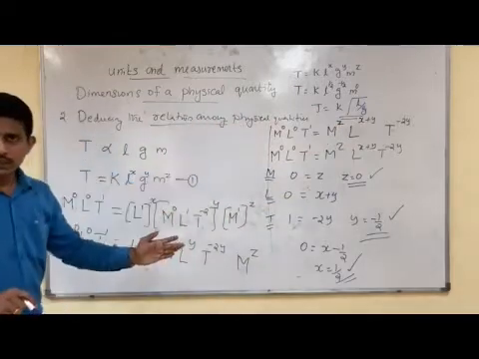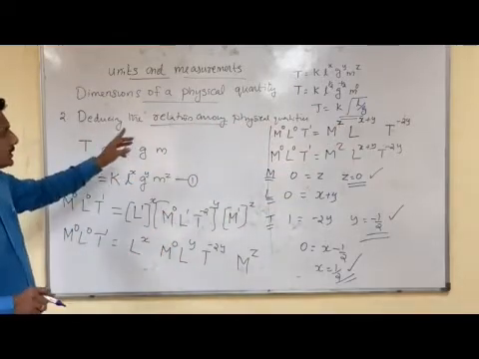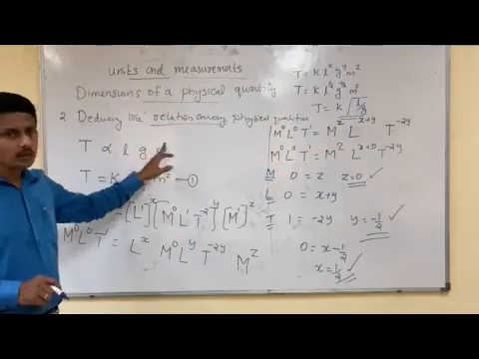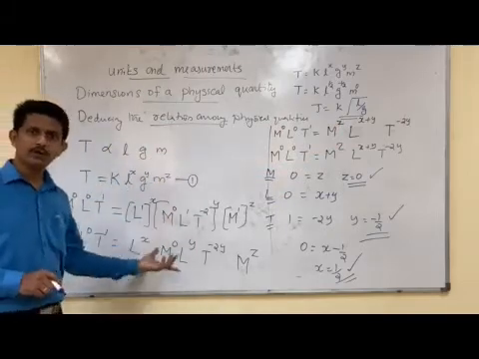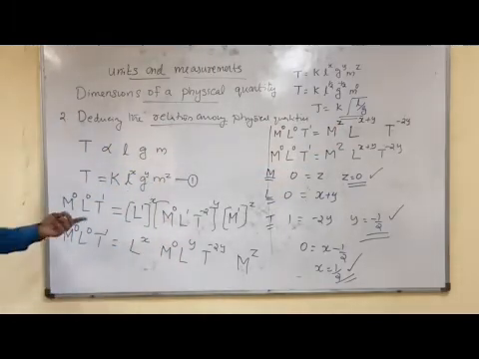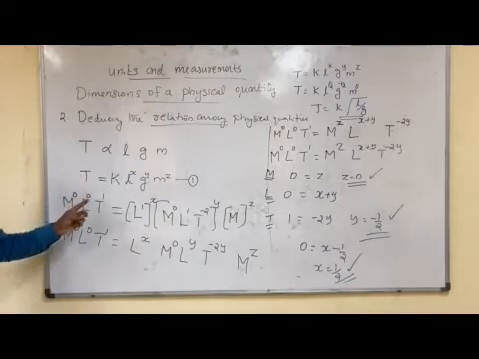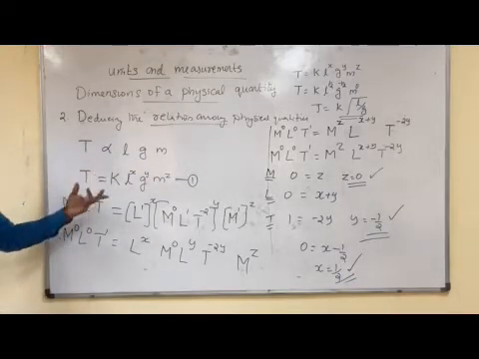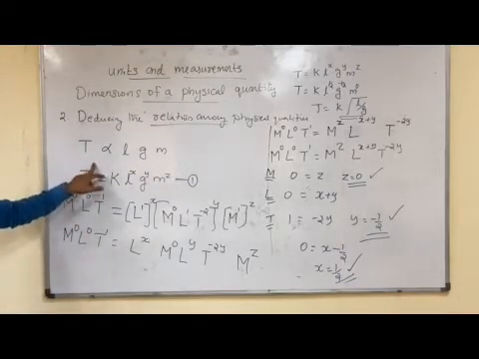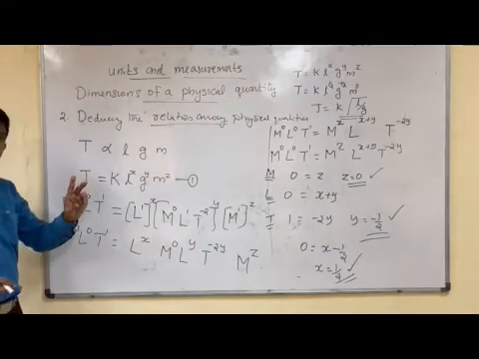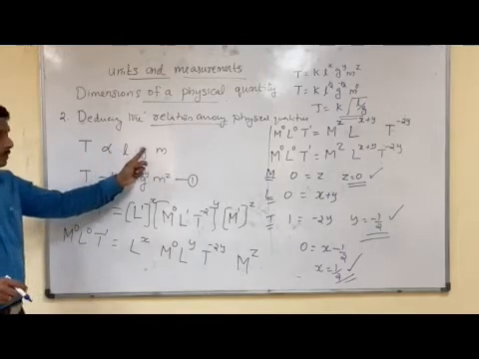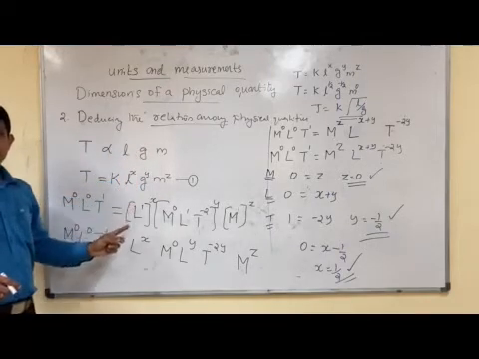This is the method we are following in the case of dimensions to derive the equations with the help of dimensions. Here I used the method considering the case of the time period of a simple pendulum only. I derived the equation for the time period of a simple pendulum. The time period of a simple pendulum depends on length, mass, and acceleration due to gravity.